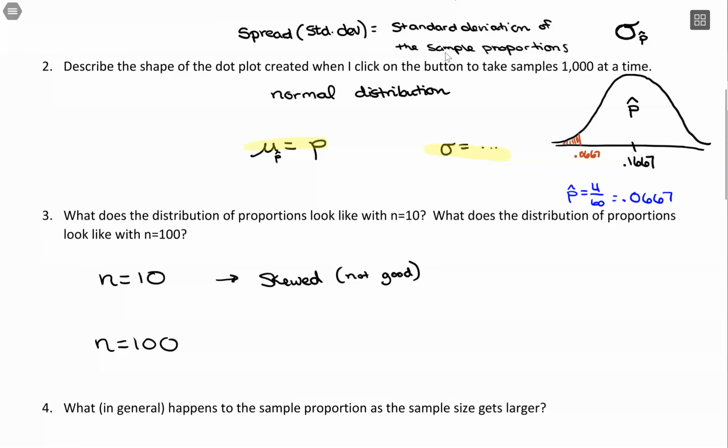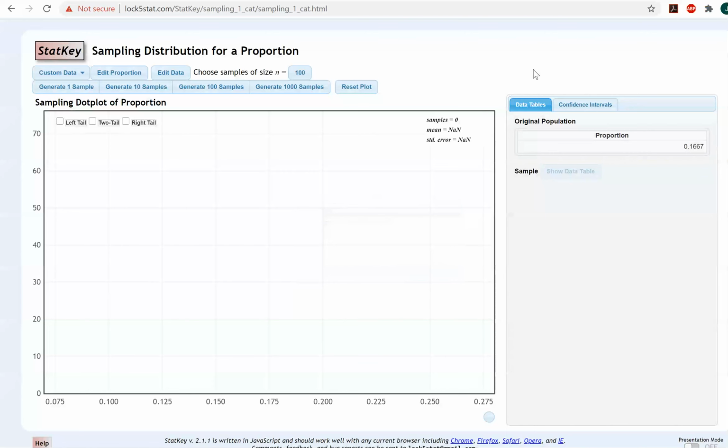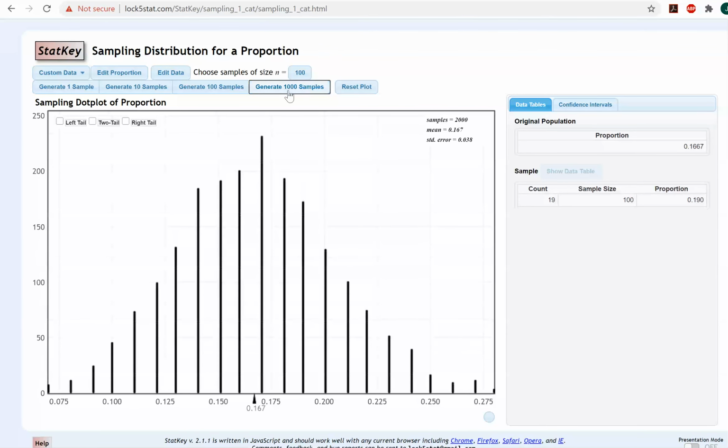Whereas if I switch over to a sample size of 100 and start generating samples, there's our bell-shaped curve. So when we use large samples, it normalizes.